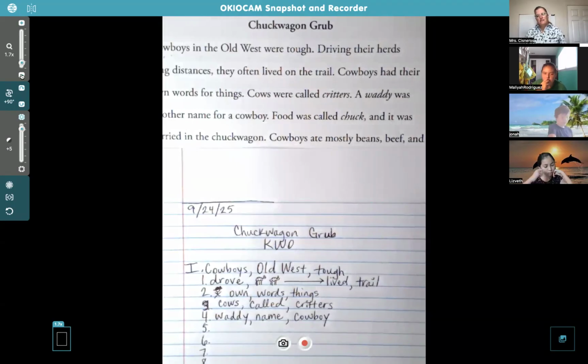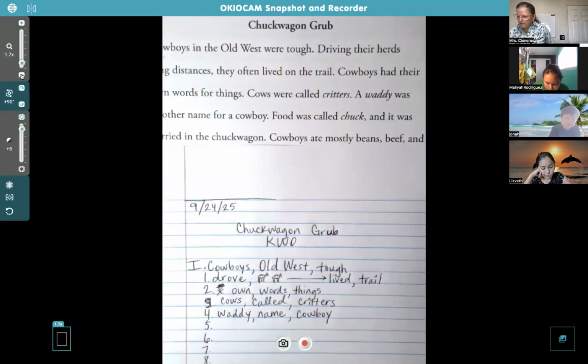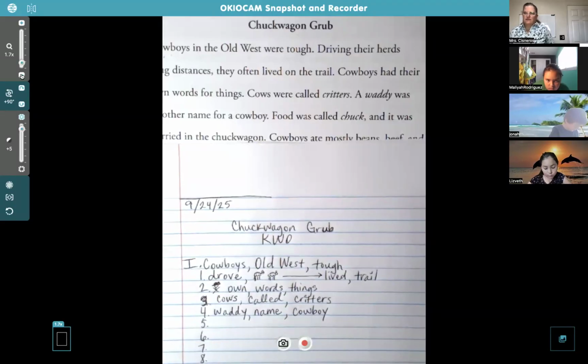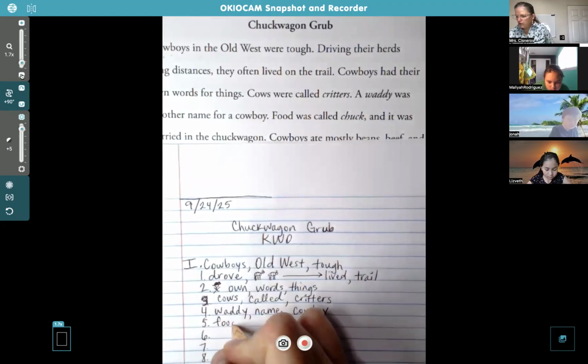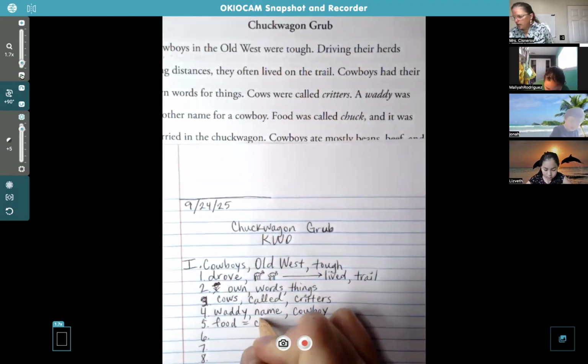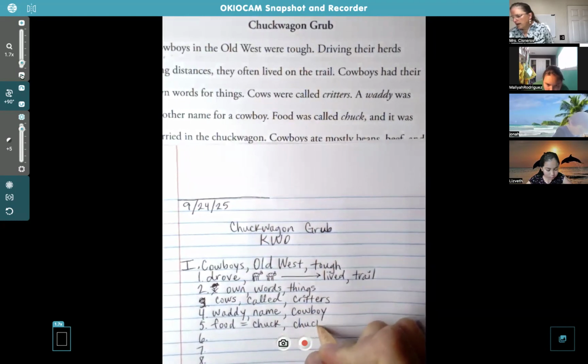Okay, yeah, that's easier to draw than a phone. I don't know how to draw a phone. So, do you like that idea? And then we could say chuck wagon. So we could do food equal chuck and then the word chuck wagon.